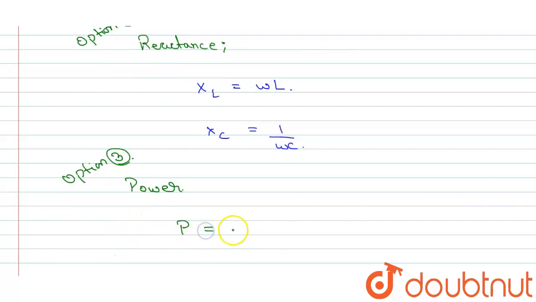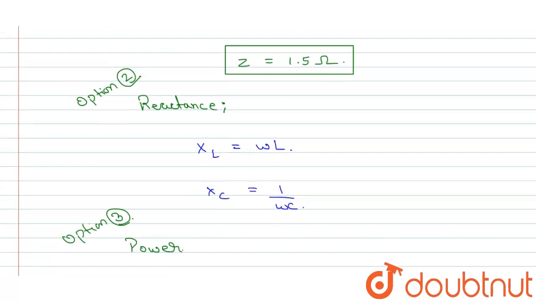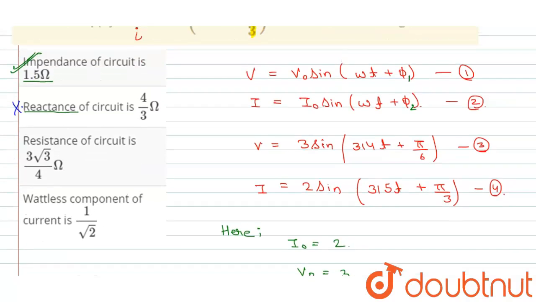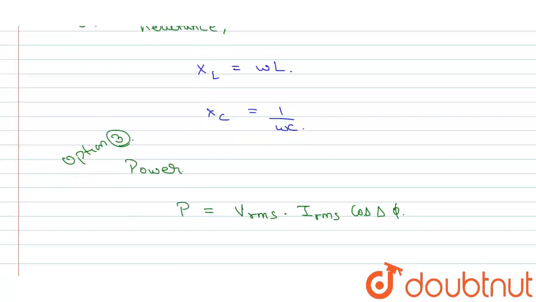The power will be equal to Vrms times Irms cos phi. Sorry, not cos phi; here we use cos delta phi, which is the difference of V and I phases. Let's suppose this is phi 1 and this is phi 2, and delta phi is the difference between phi 1 and phi 2.